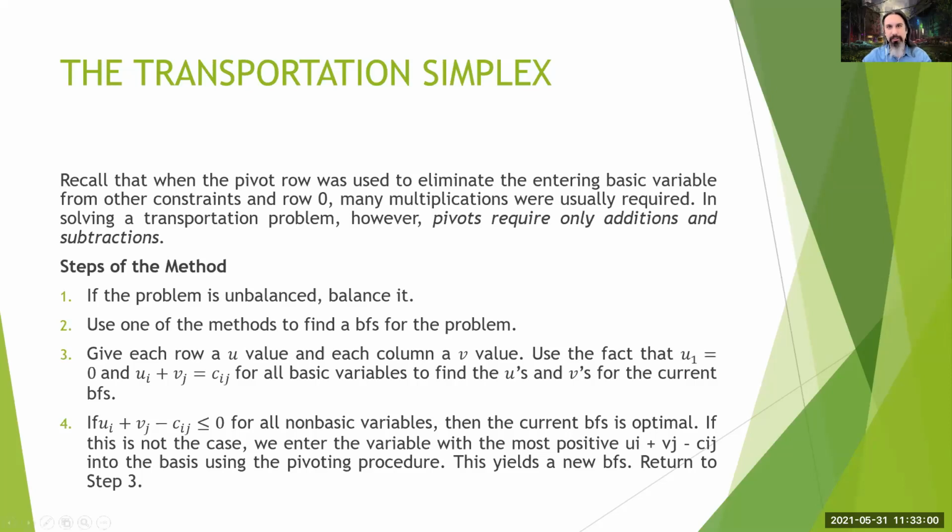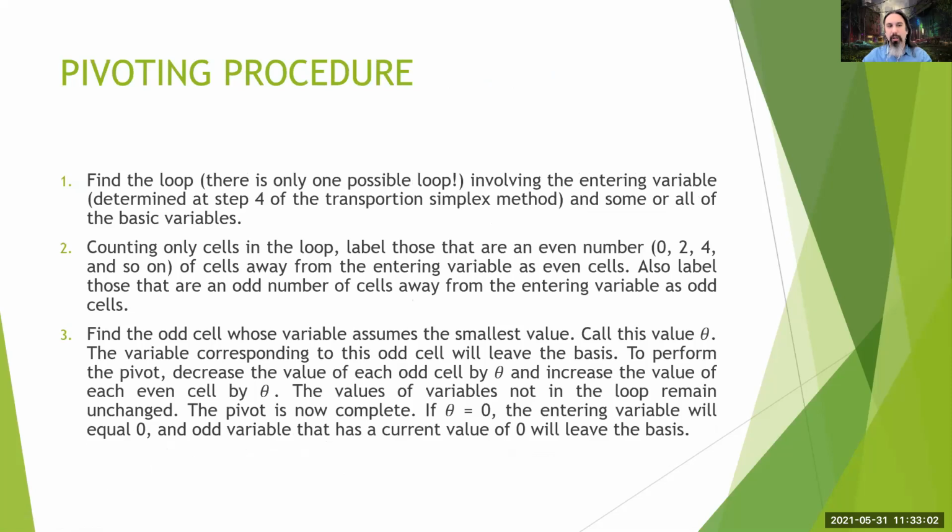So how do we pivot? How do we make the iteration? Now, we are trying to find a loop, and there will be only one possible loop in there. And when we find the loop, and you will see what I'm talking about soon, we will make the iteration by making sure that, let's say there is a non-basic variable in there, and we are trying to turn it into a basic variable, which means that a basic variable will also leave the solution to make room for the non-basic variable.